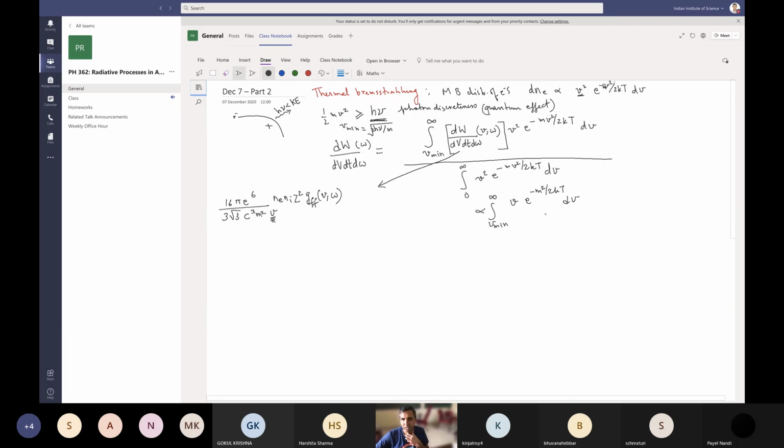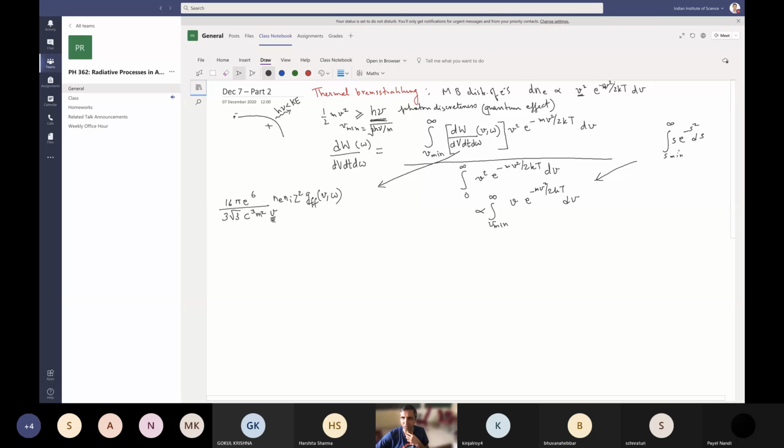And this integral is of the form m v squared. Right, so this integral is of the form s e to the minus s squared ds, which is very easy to do, from s min to infinity.